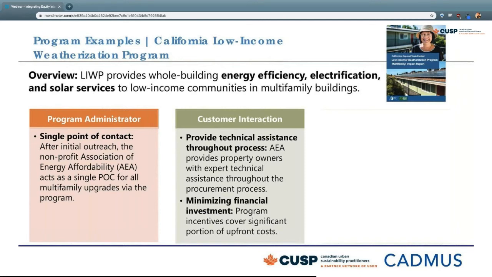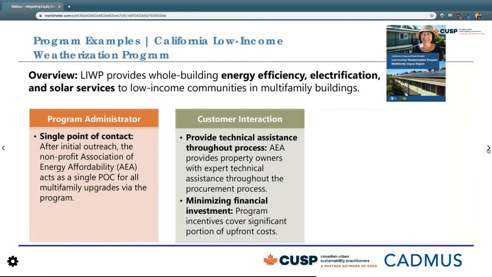And then the second piece is just minimizing the financial investment. The incentives through the program covered 30 to 100% of energy efficiency upgrades and 50 to 100% of solar installations. So significantly offset the upfront costs for building owners and developers, made it more cost effective for them, and made them much more likely to install the technologies in their buildings.